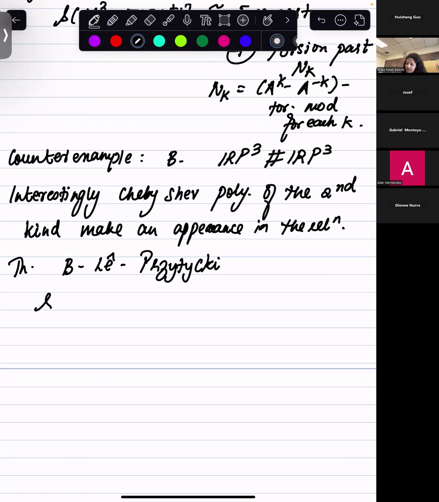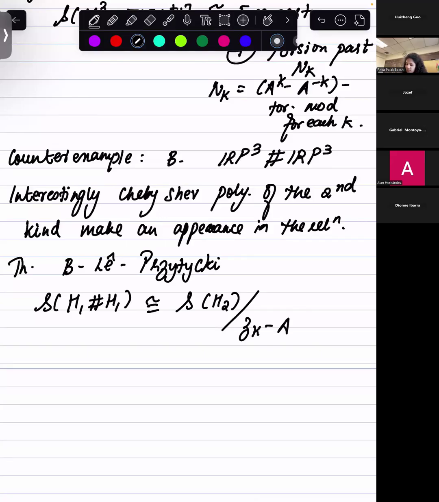And so what this says is the following: the Skein module of this three-manifold, which is the connected sum of two solid tori, each a genus one handlebody, is going to be isomorphic to the Skein module of the genus two handlebody, modded out by relations of this form, where k is even and greater than or equal to 2.